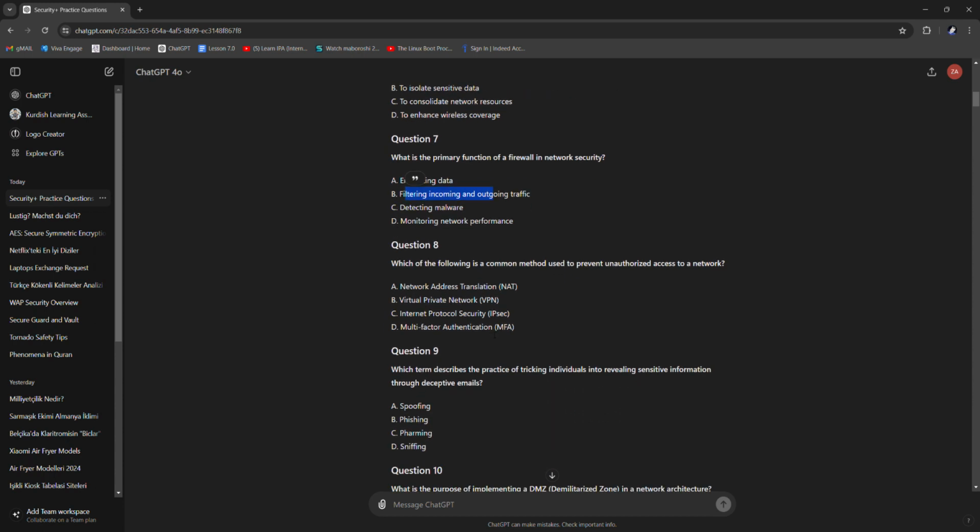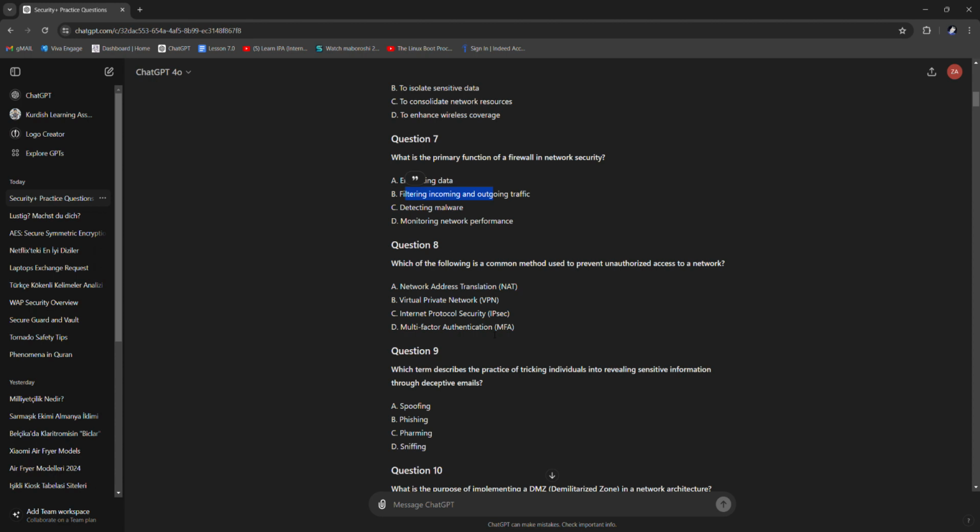Question 8. Which of the following is a common method used to prevent unauthorized access to a network? Another easy question. Network address translation has to do with addressing. VPN is remote access. IPsec is like tunneling. Multi-factor authentication is the easy one.